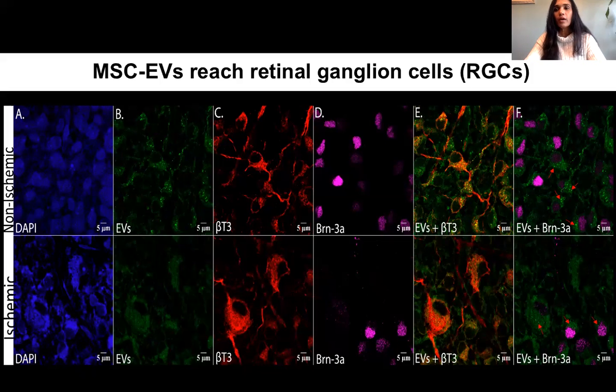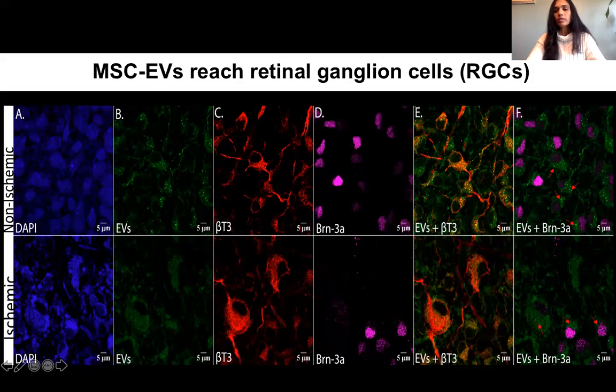Majorly, we were interested in seeing whether RGCs are able to take up these EVs. So we used beta-tubulin 3 and BRN3A, which is an RGC nucleus marker, and we looked at non-ischemic, ischemic, and ischemic eye injected.